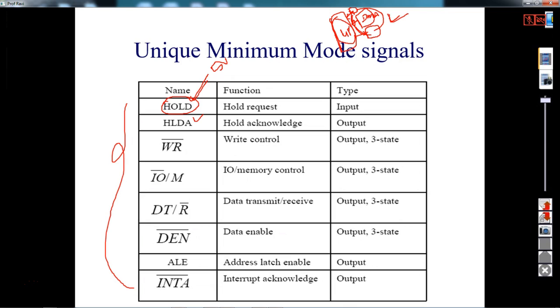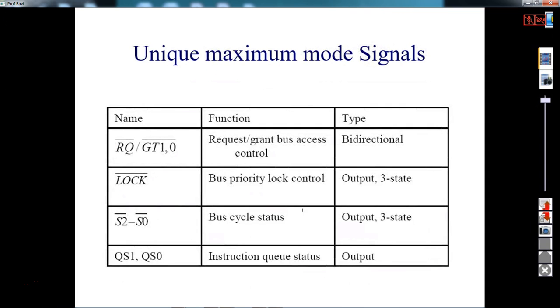So hold and hold acknowledge are used in direct memory access applications. Already we have seen write control, IO by M bar, and ALE. DT by R bar is data transmit or receive. Let us see what that is now.